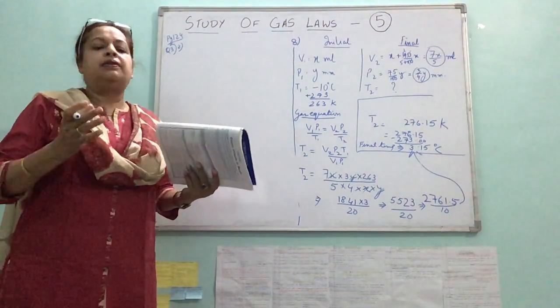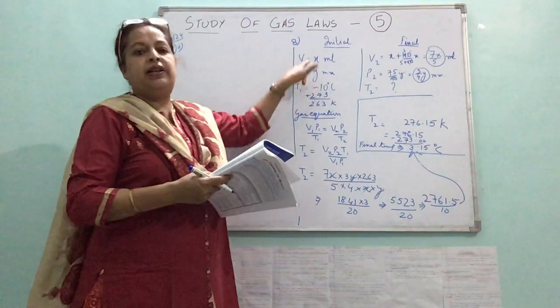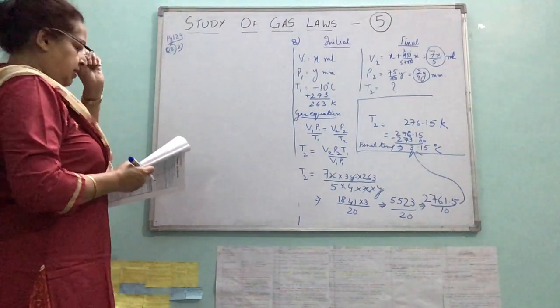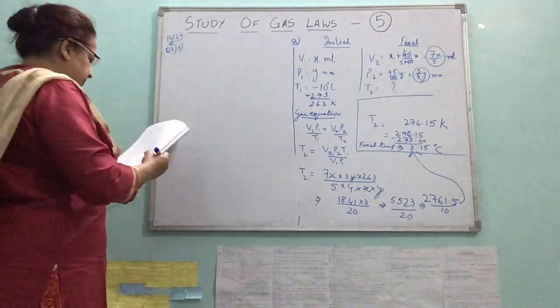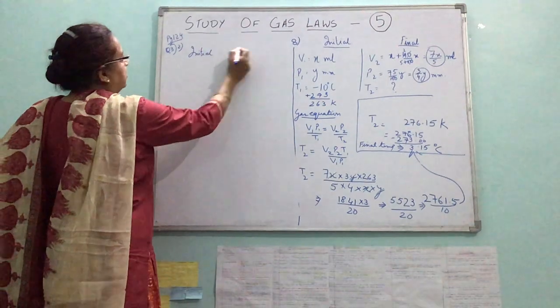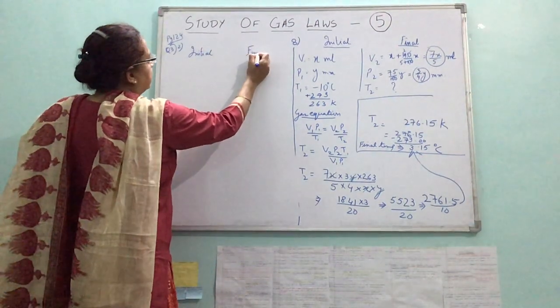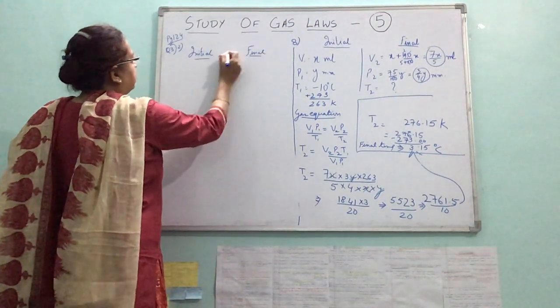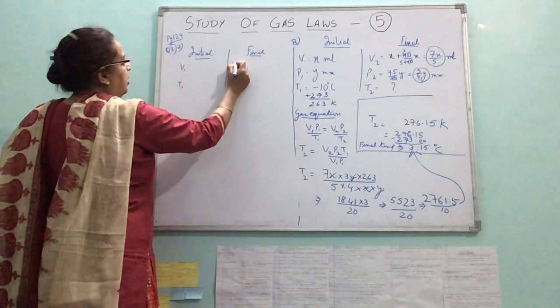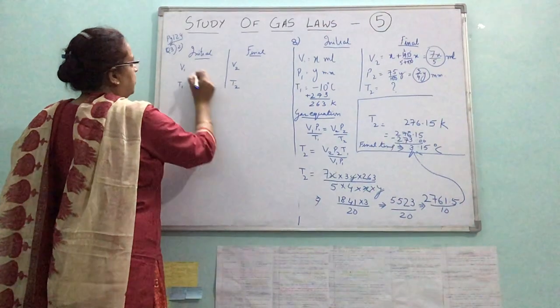Wherever volume or any unknown variable is there, we assume X or Y like that. So it is not a big issue, but it is at constant pressure. So again we take the headings initial, final, V1, T1, V2, T2.